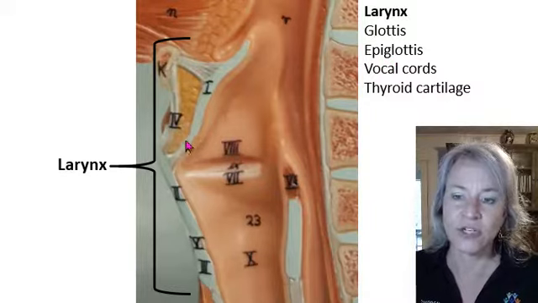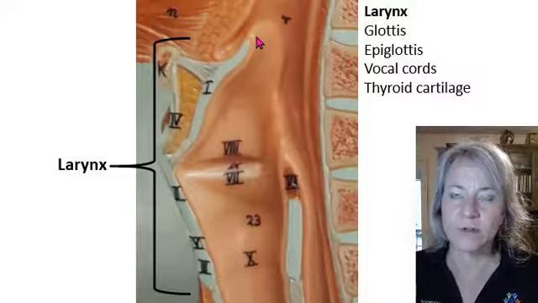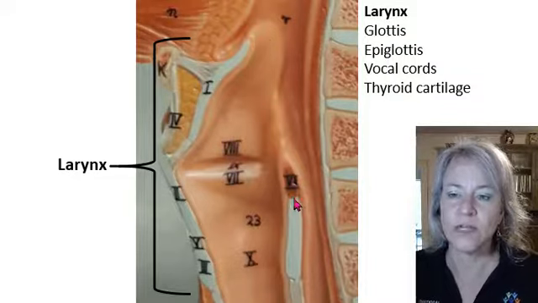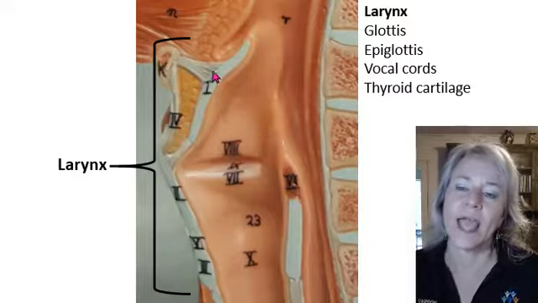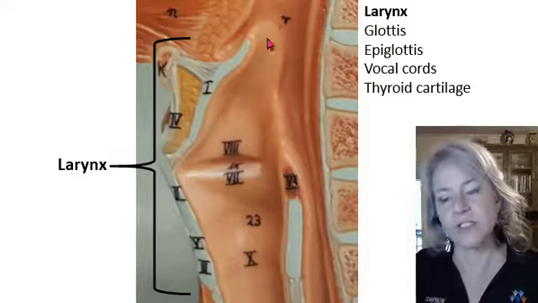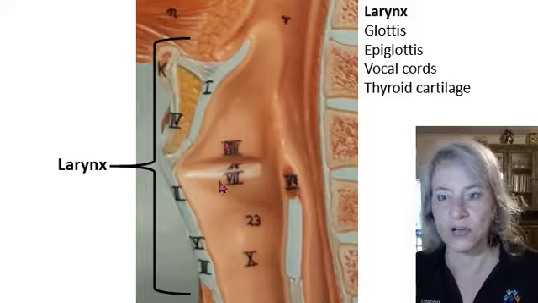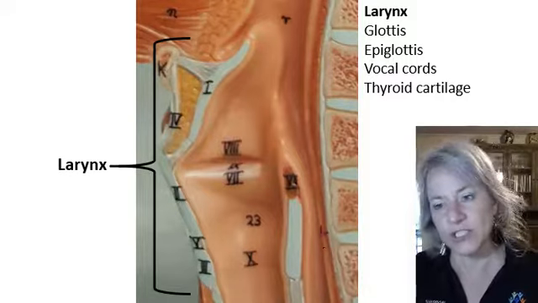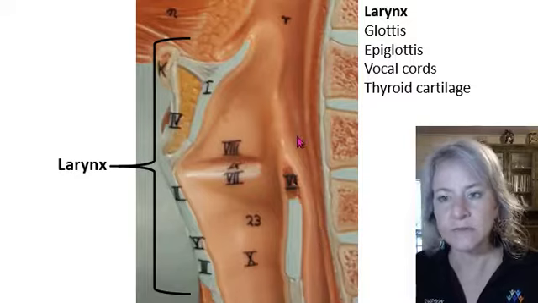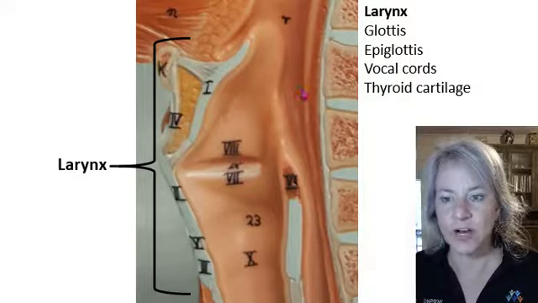This structure is the epiglottis. Whenever you swallow, the larynx moves up and the epiglottis closes it so that food does not go down your larynx and into your lungs. So food needs to go down this direction, which is the esophagus. So this is the laryngopharynx.